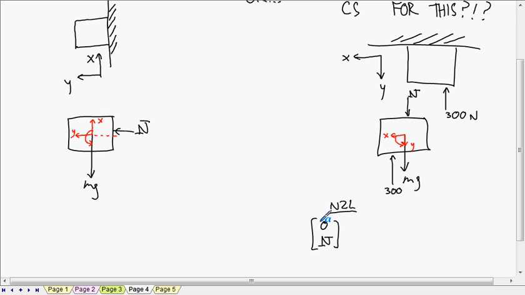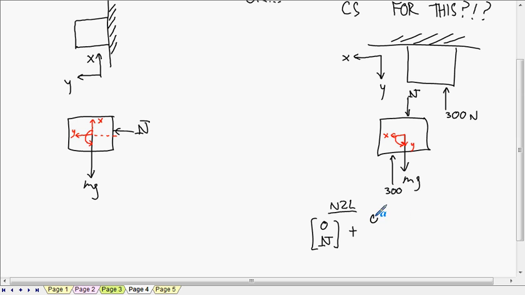0n plus, okay, what are the components of this 300 Newton force? Yeah, it's in the negative y direction, right? Or else the angle, if you put the coordinate system at the tail of this vector, would be 270.